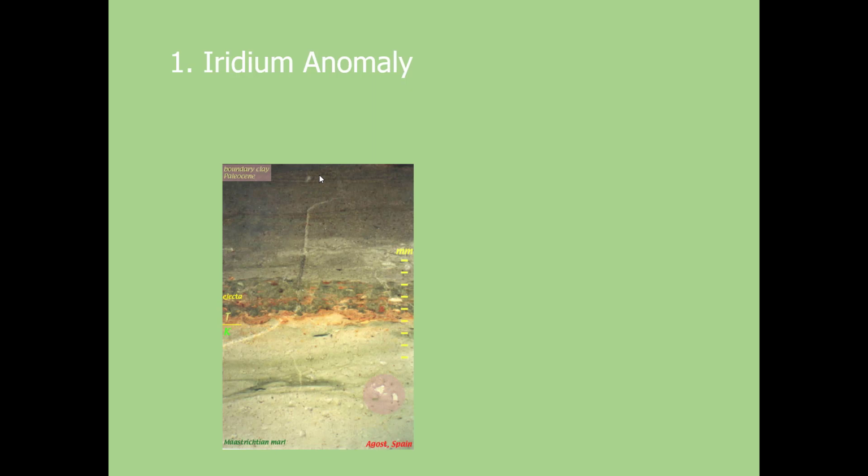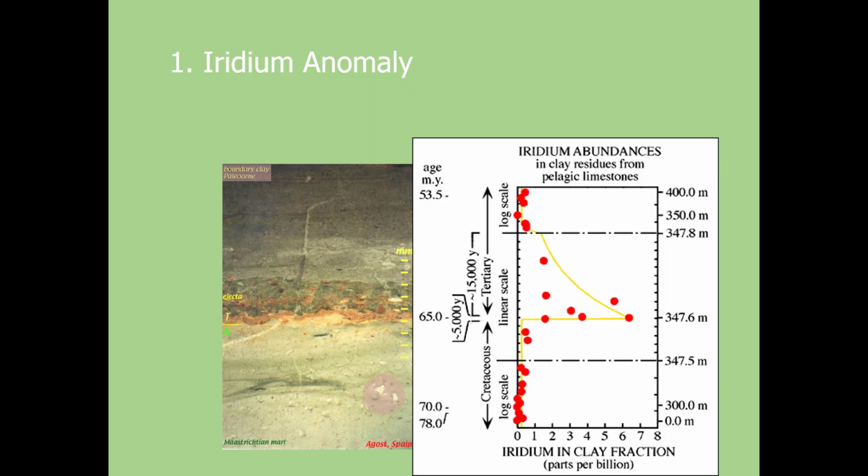Well, if we take samples and we match up the location of these samples with their iridium abundances, what we see is something really marked. So this is an iridium plot showing really low background levels of iridium, which is very common, until we hit the extinction horizon right here.